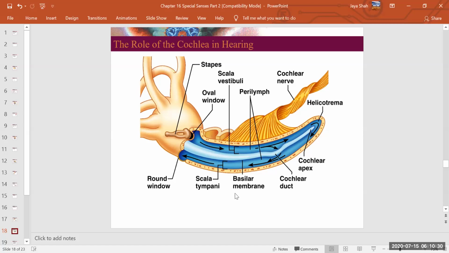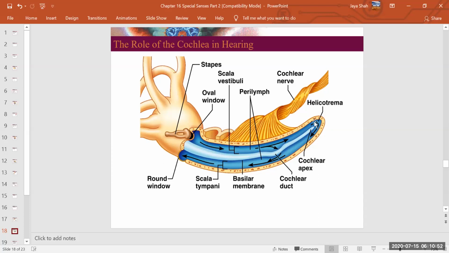Let's first understand the terms. So if I cut here, the cavity in the bony labyrinth, which is continuous with the oval window, is called scala vestibuli.